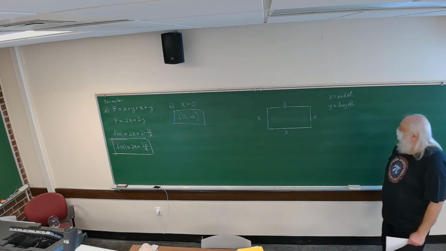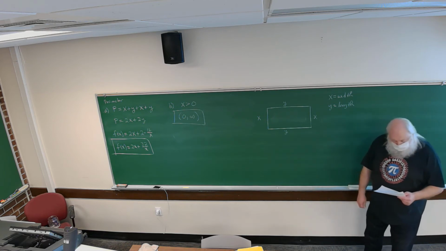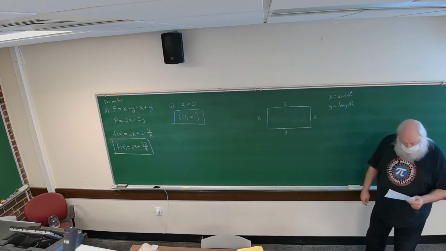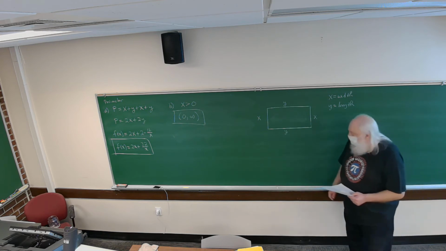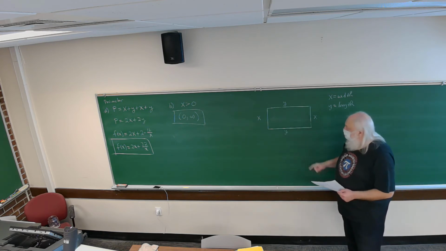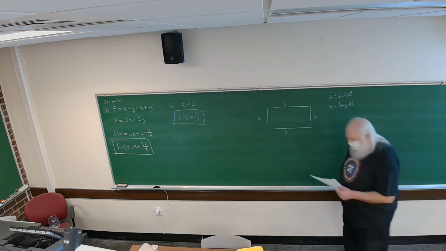X is the width, Y is the length. But now we're given the perimeter. The distance around the rectangle is 20 meters. Using that information, we're going to write the area of the rectangle as a function of x.